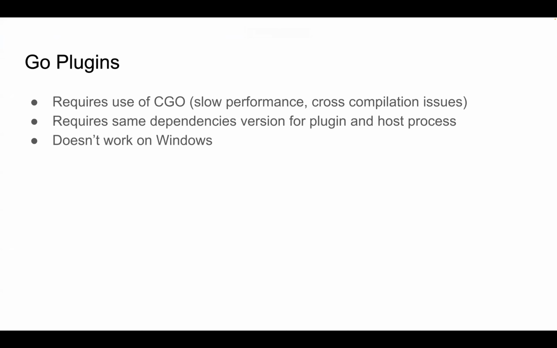So if your host process is loading a plugin and they're both using the same dependency, they both must use the same version of that dependency. For example, if your host process and your Go plugin use a JSON library, and your host process uses version 1.1 and your plugin uses version 1.2, you can compile it, but you have to make sure that all of them always use the same version. And that's a pretty big problem.